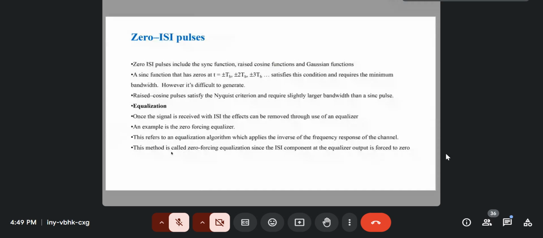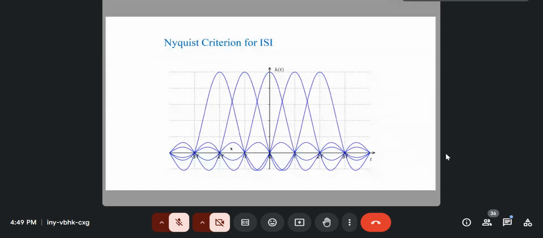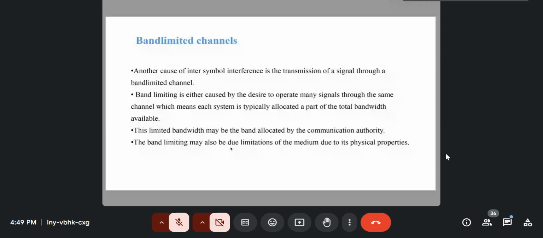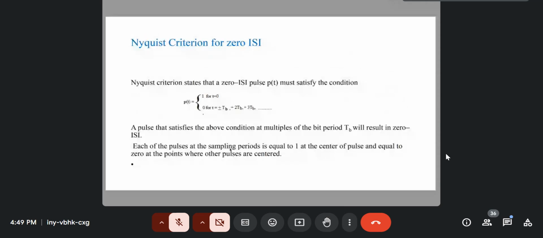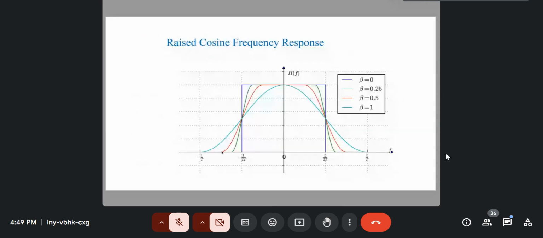When you are designing, it is the inverse of that. So this method is called zero forcing equalization, and the ISI component of the equalizer is forced to zero. That's why you call it zero forcing. Again, we have not looked at that circuit. I've just mentioned it for now.